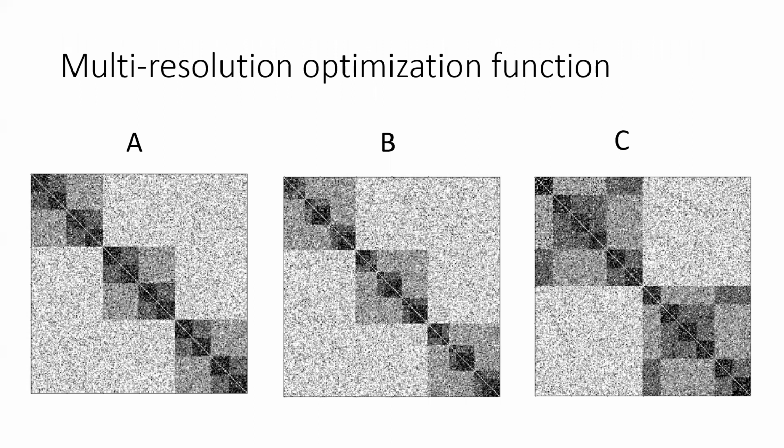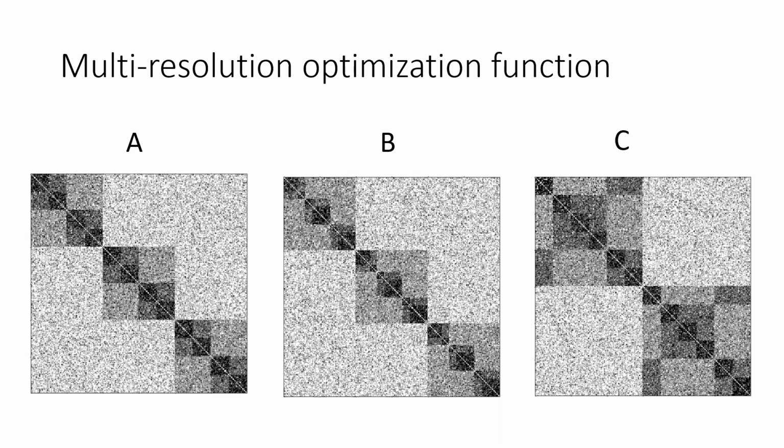If we focus on network A, we can see it's a nested network where at a high level, it is broken down into three equally sized communities. Each of these communities is then divided into two communities and then once again into two communities. So at a very fine scale, it is broken up into 12 equally sized communities.